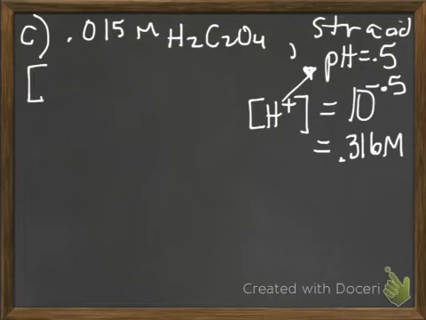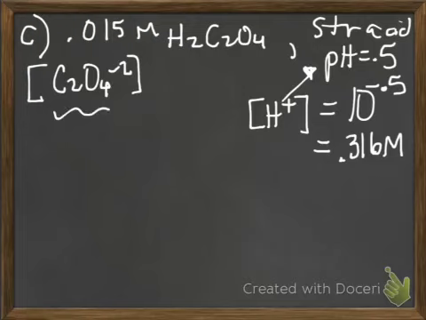Okay, so what we know is the hydrogen ion concentration. And again, the question is the concentration of the oxalate ion. If we think about this, we want a K expression that has both of these in there, the oxalate ion and the hydrogen ion, and we also need to know an initial value of something.